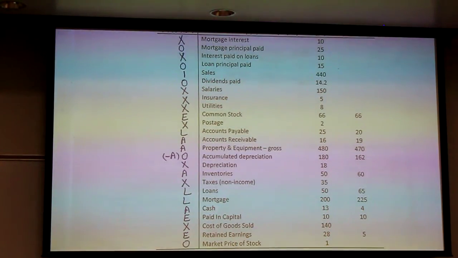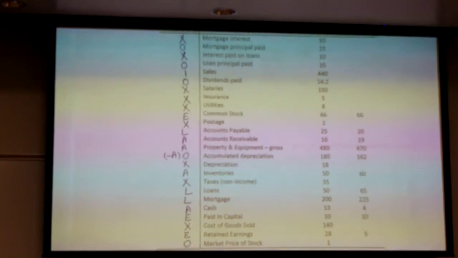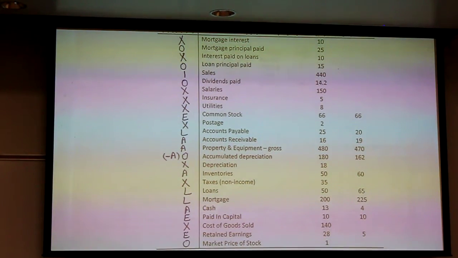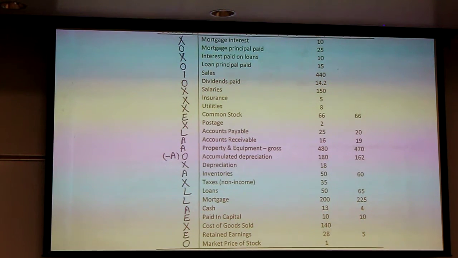Yes? Can you explain again why depreciation is an expense and accumulated depreciation is not? Accumulated depreciation is being subtracted from gross equipment. It shows the current value of the equipment. You want to determine your balance sheet for this year, 2014, 2013, from the beginning of the year to the end.